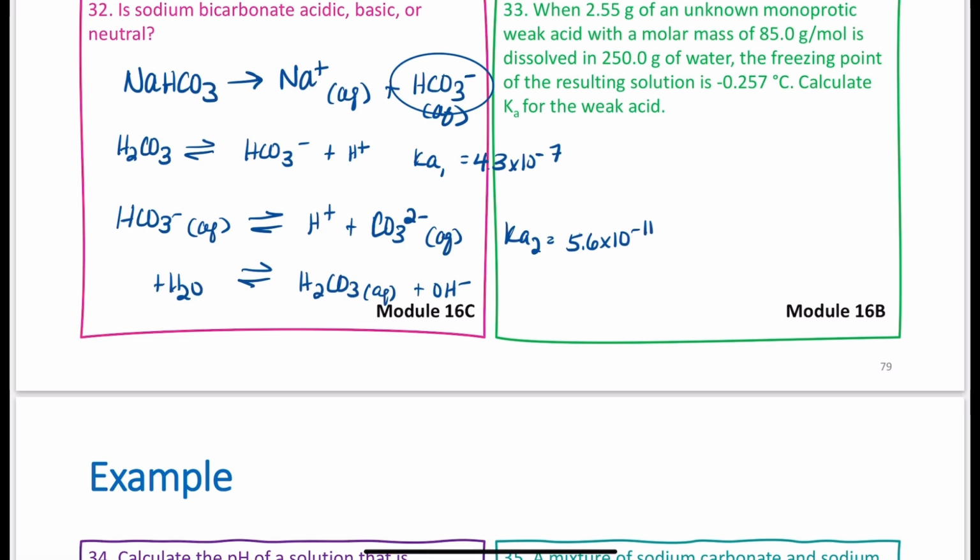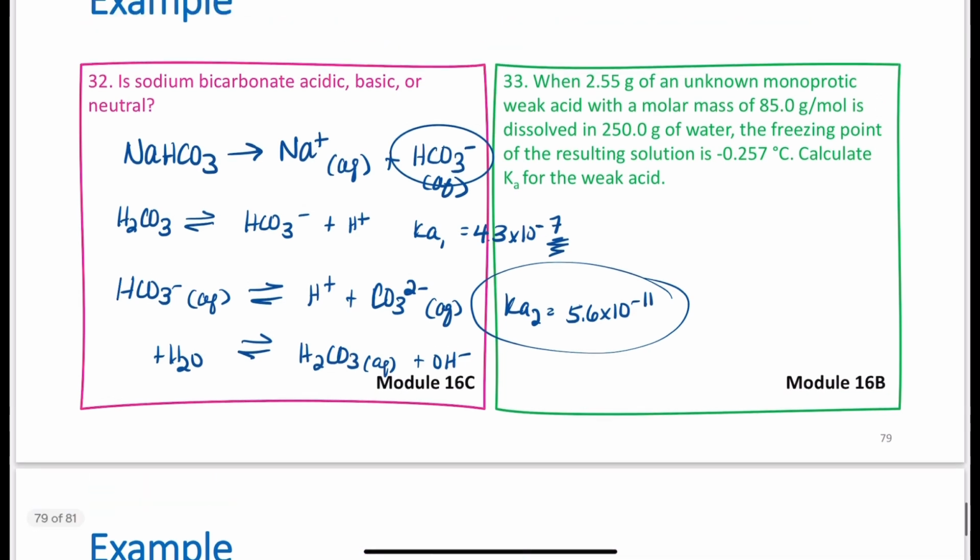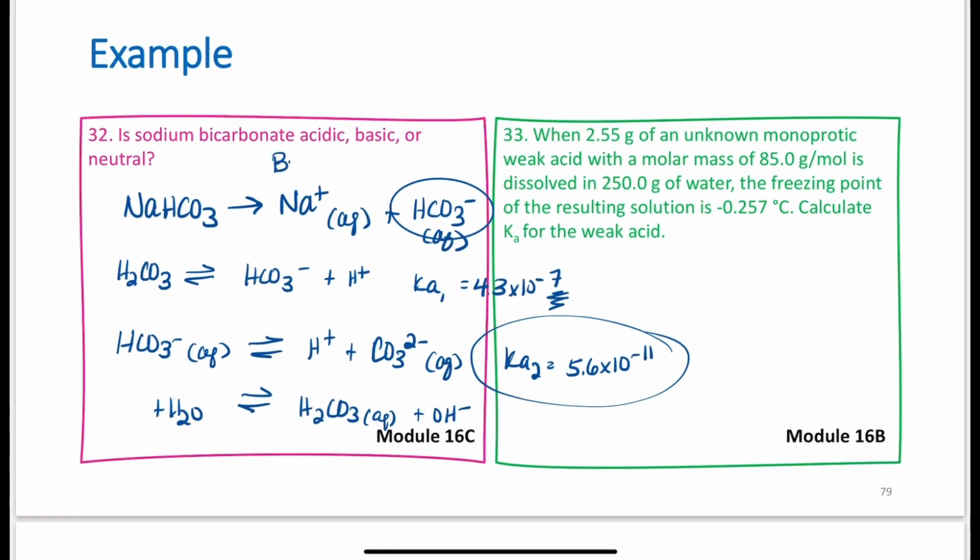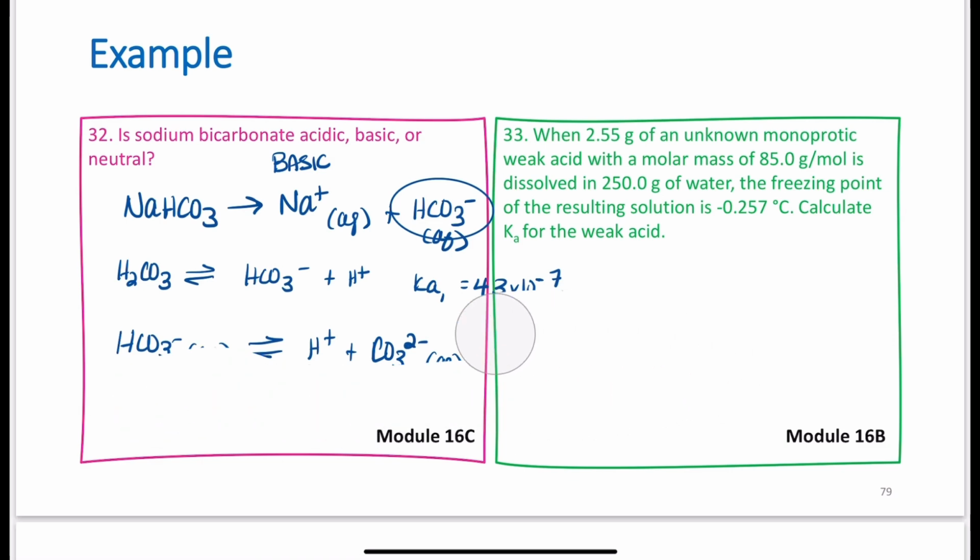So if I found the hydroxide or hydronium concentration with that Ka, it's very, very small, so this is already 10⁻⁷ and already in the realm of water. If I'm looking at that second dissociation under these conditions, that's way past what's in water. This is the basic solution. That K value is very, very small.